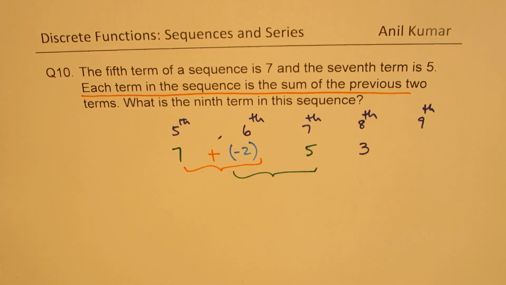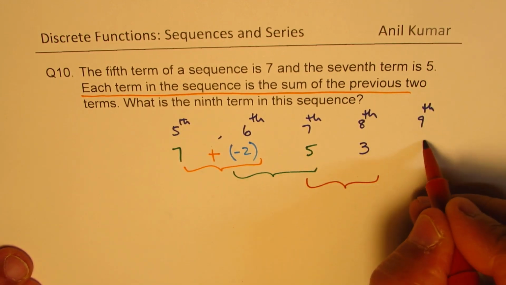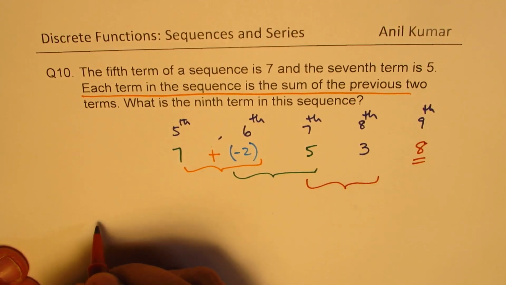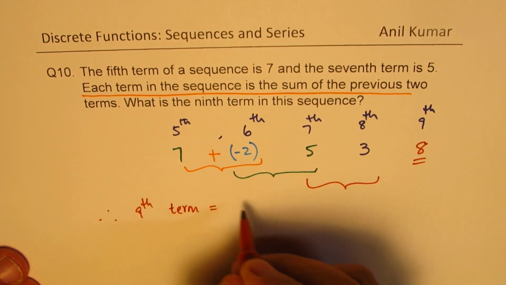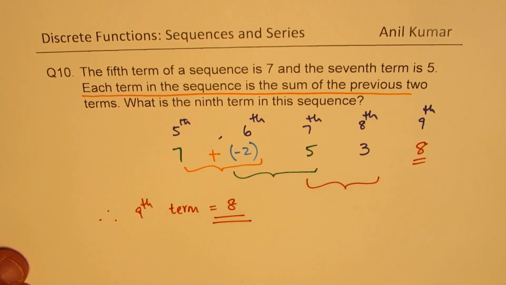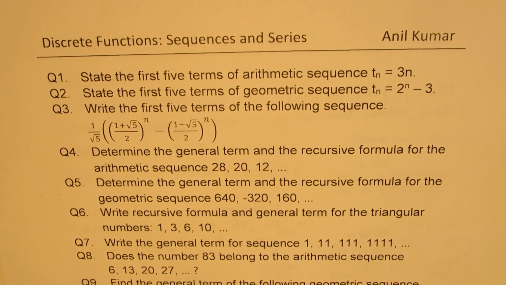And to get the 9th term, what should I do? Well, I should add these two. 5 plus 3 is 8. So that is our answer, right? So therefore, ninth term is 8. Is that clear? So by the logic given to us, we could actually figure out how to find the ninth term, right? So I hope that helps you to understand how to solve basic questions based on discrete functions sequences.